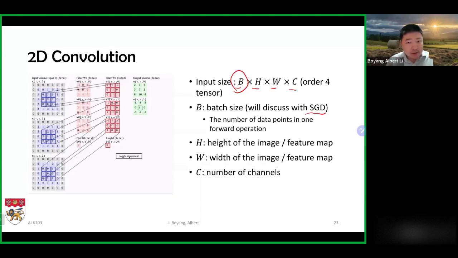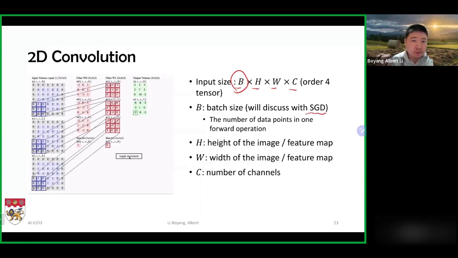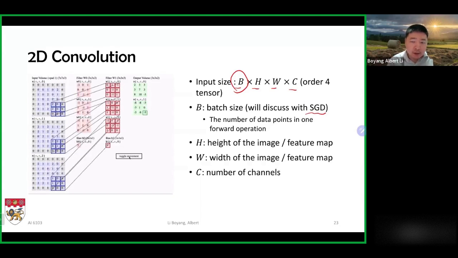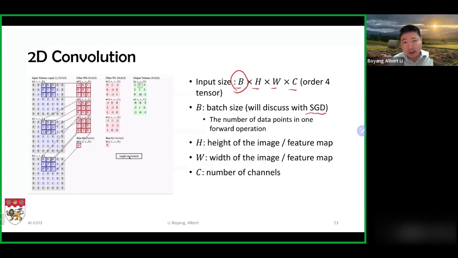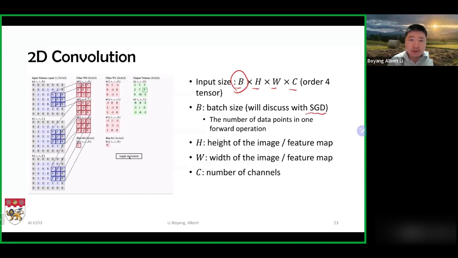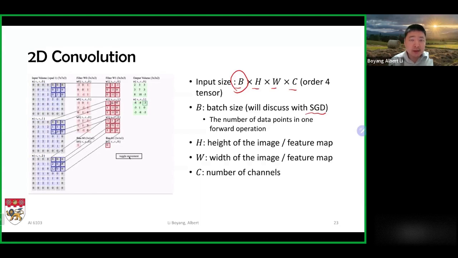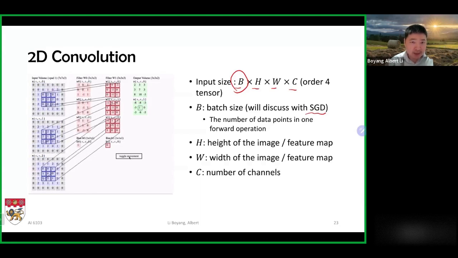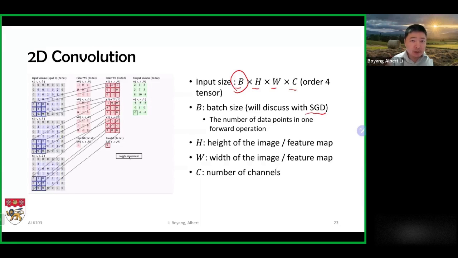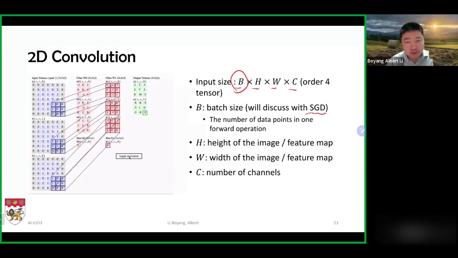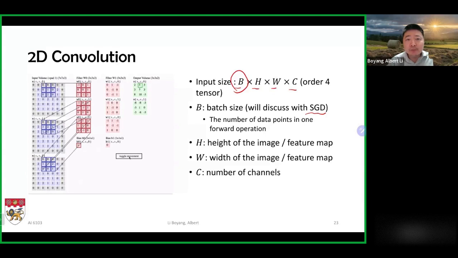But it's basically the number of data points we aggregate in one forward operation in order to utilize the GPU hardware, which is massively parallel, with many computing cores that can do these matrix multiplications in a highly parallel manner.